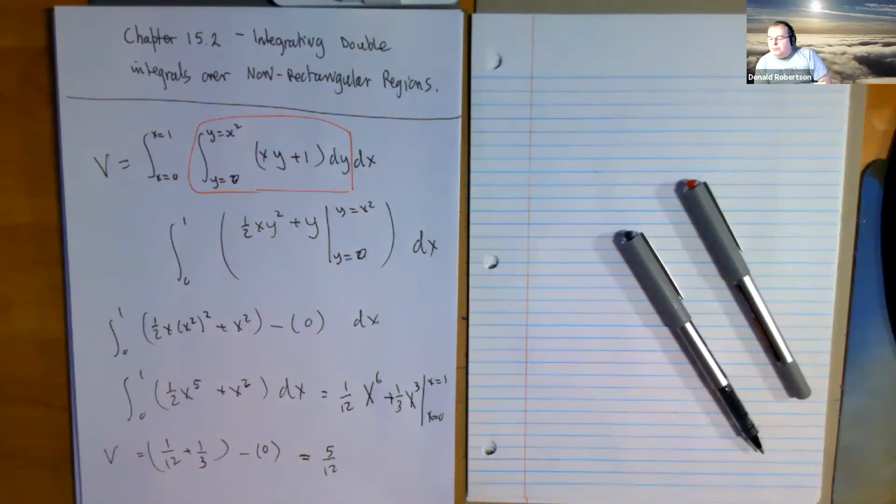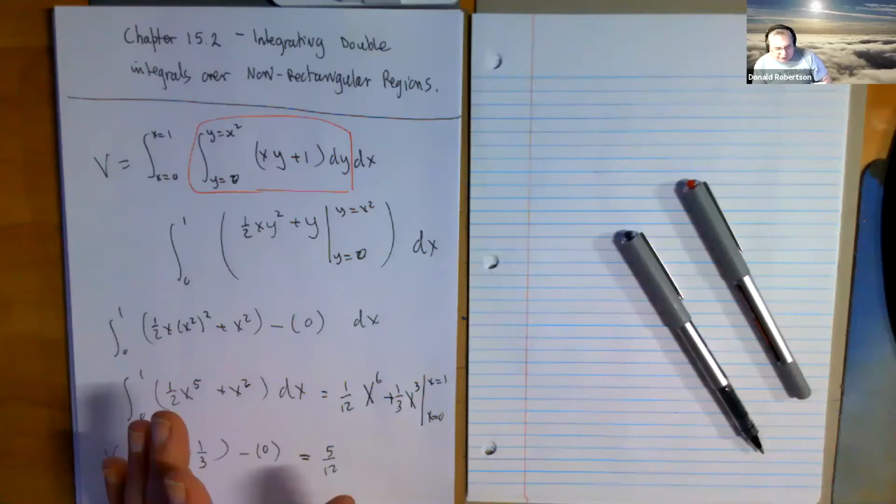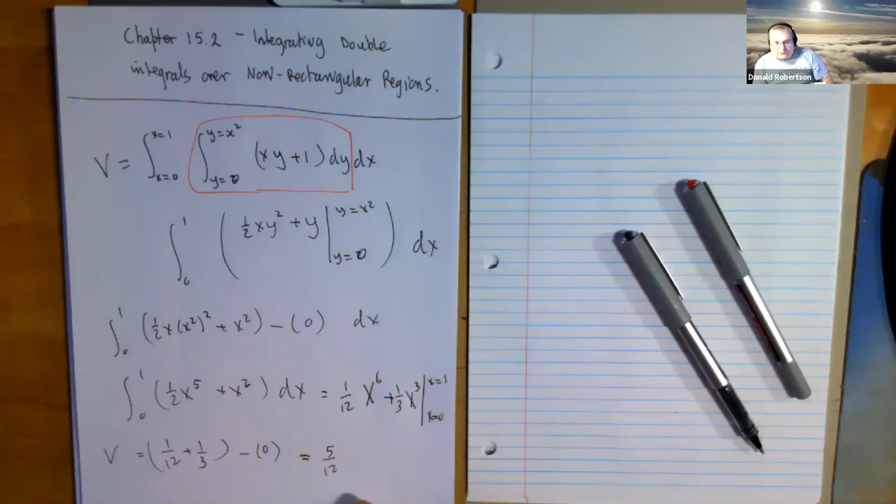A negative number in that context could just mean there's more volume below the XY plane than there is above. The analogy is, remember when you did Calc 2, couldn't you have the area under a curve being negative numbers, and that was fine? So trust the math. If it says it's negative 5/12 and you haven't screwed up, it'll be the right answer.